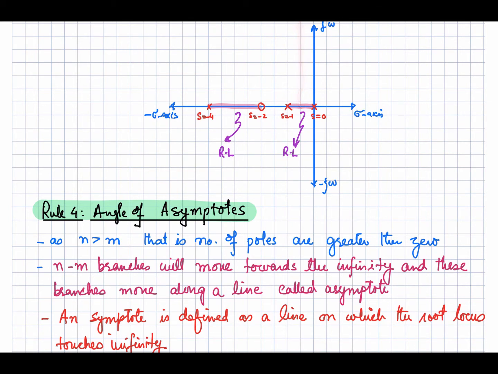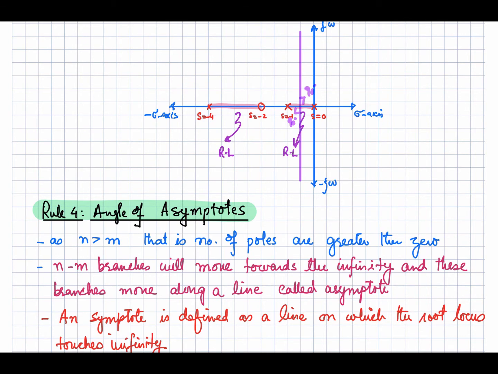Basically they will move along the asymptote. So what is the angle of that asymptote with the real axis? In this case I am assuming the asymptote is at 90 degrees. Now let's see shortly how we can calculate the exact angle at which these poles will be moving towards the zeros.